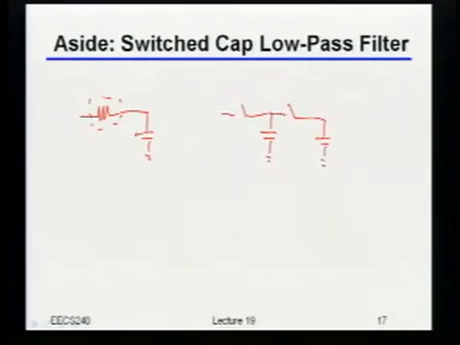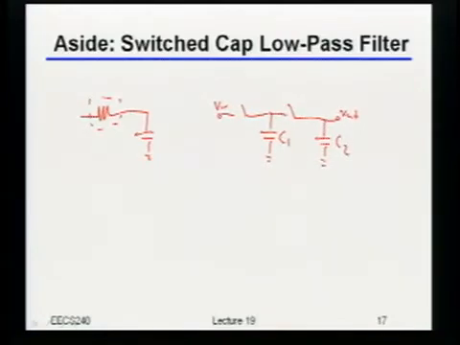So actually what that means is if I build a low-pass filter out of this, so literally I just take my standard low-pass filter and just replace that resistor with a switched capacitor resistor. So let's call that C1 and C2 now, right? Let's call that V in, we'll call that V out, okay?